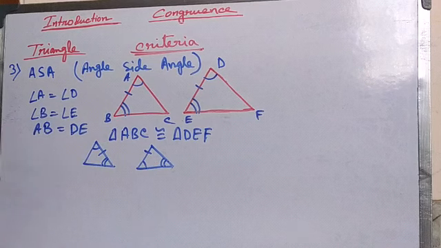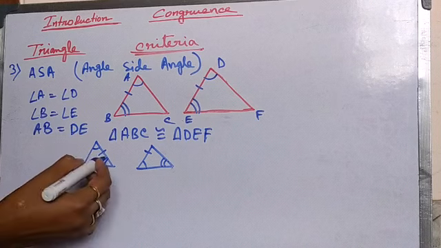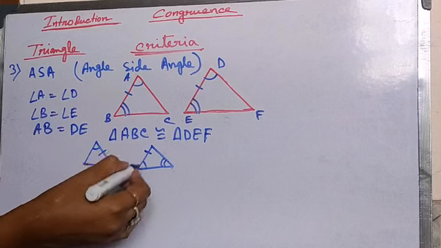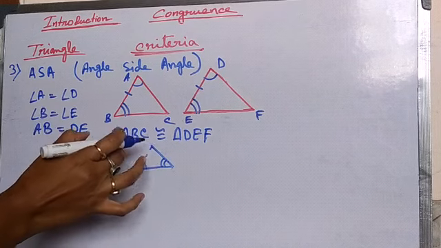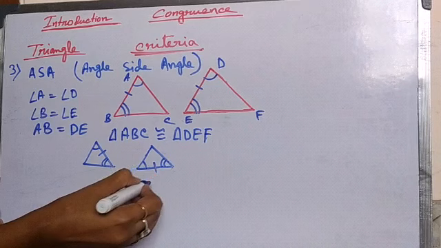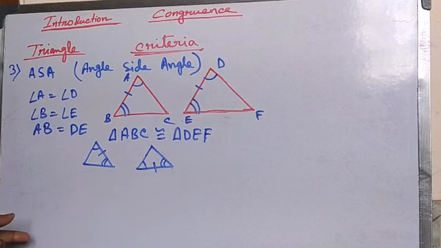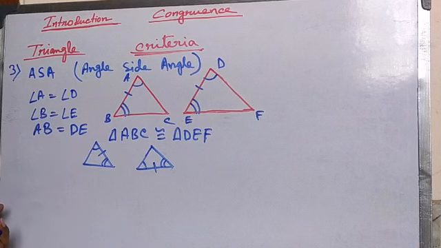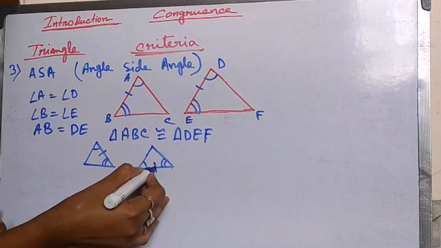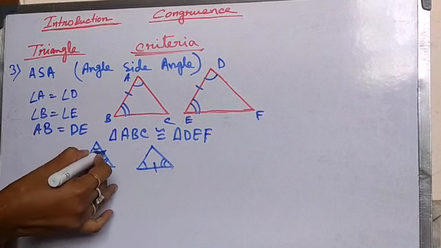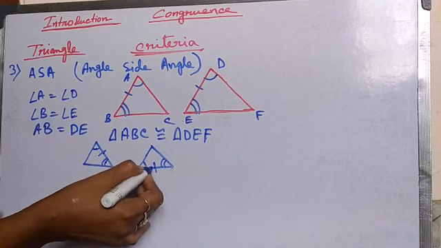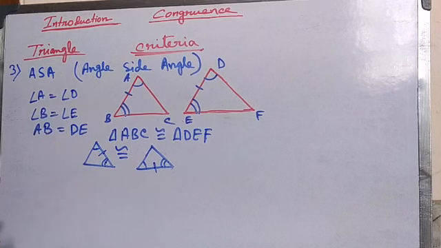Then this property cannot hold here, because this side is not the included side. If instead this side were equal, then we can say these two triangles are congruent by the ASA rule, because here the side is the included side, and both the angles are at the ends of these two sides. So these two triangles are congruent triangles.